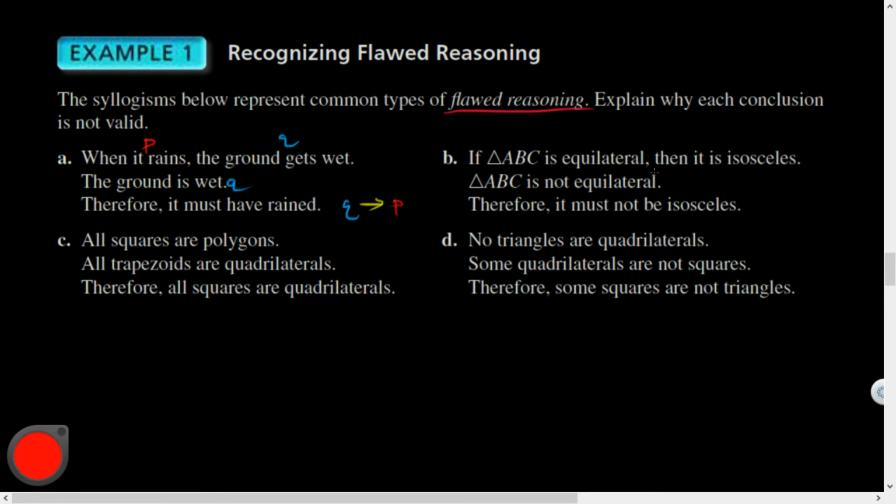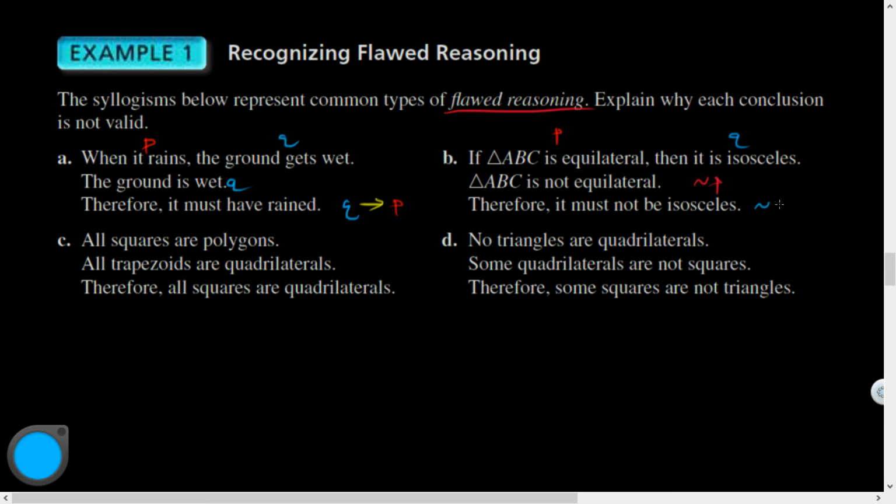Let's see. How about this? If triangle ABC is equilateral, all right, so there's a P statement, then it is isosceles. There's a Q. And then they just said triangle ABC is not equilateral. How could I describe that? Not P. Almost there. Not P. Therefore, it must not be isosceles.